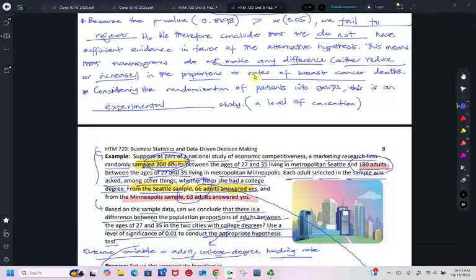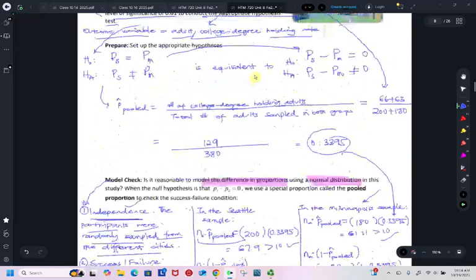Now, was this an experimental study or an observational study? Let's go back to the scenario. Notice that adults were randomly sampled. There was no conditioning of any adults to get a college degree or not. So there was no effort on the part of the researchers to intervene by forcing anybody to go to college. So in this case, this is just an observational study. They observed data that was already existing there and analyzed it.